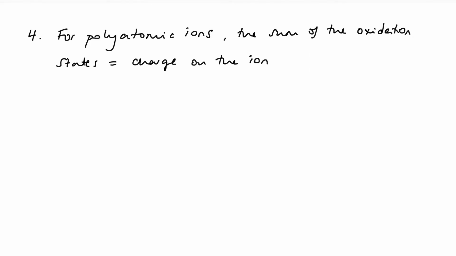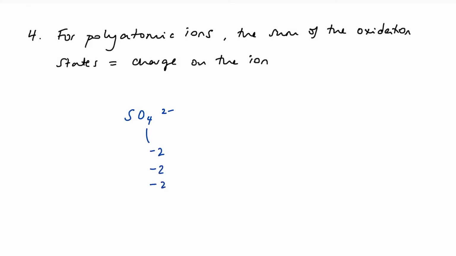Rule number 4. For polyatomic ions, the sum of the oxidation states equals the charge on the ion. So a polyatomic ion is one that has more than one element in it. I'm thinking something like sulfate ion. If I would like to assign oxidation states to the atoms in this ion, I know that oxygen has an oxidation state of -2.